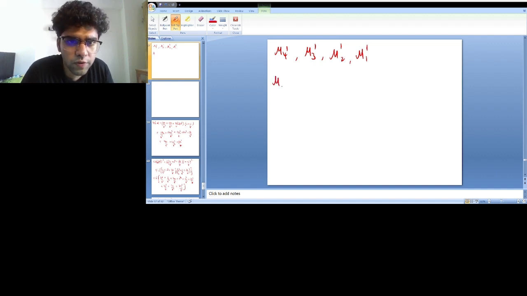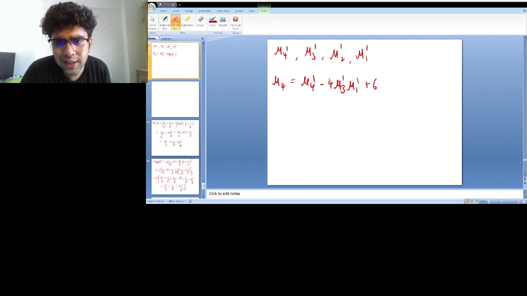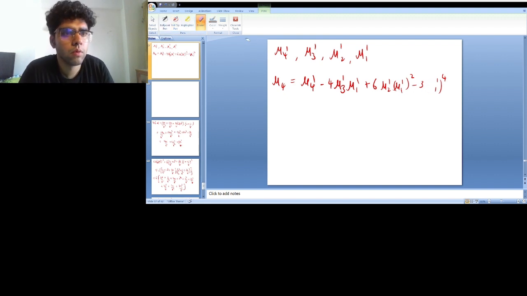So I just need to put all of these in this formula. μ4 is equal to μ4' minus 4 times μ3' μ1' plus 6 times μ2' μ1'² minus 3 times μ1'^4.